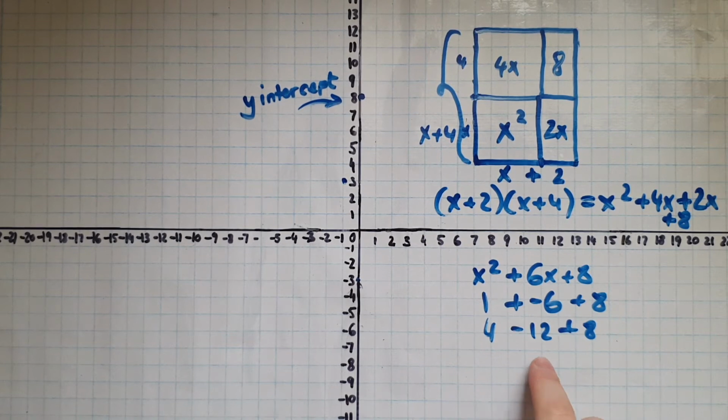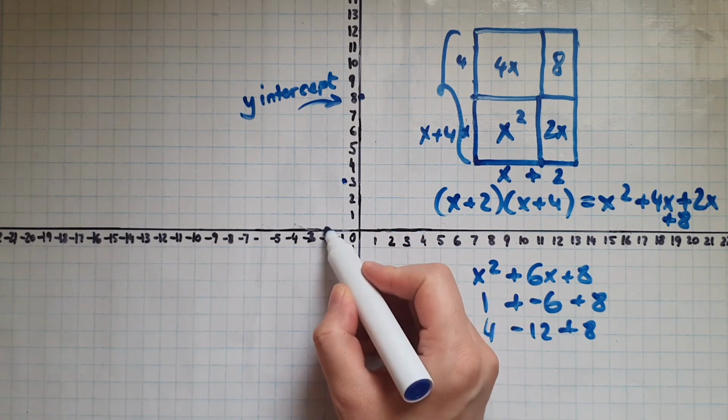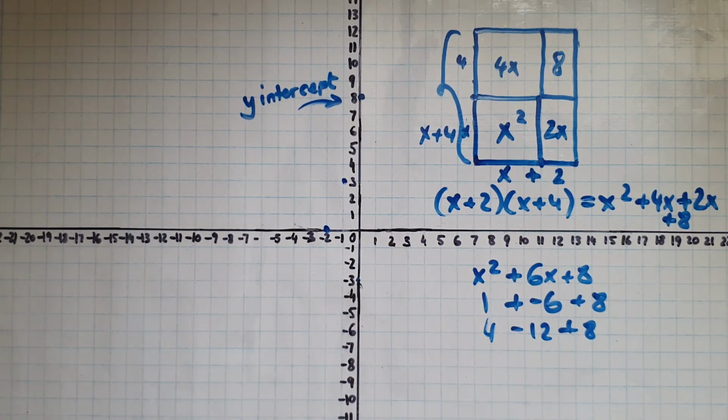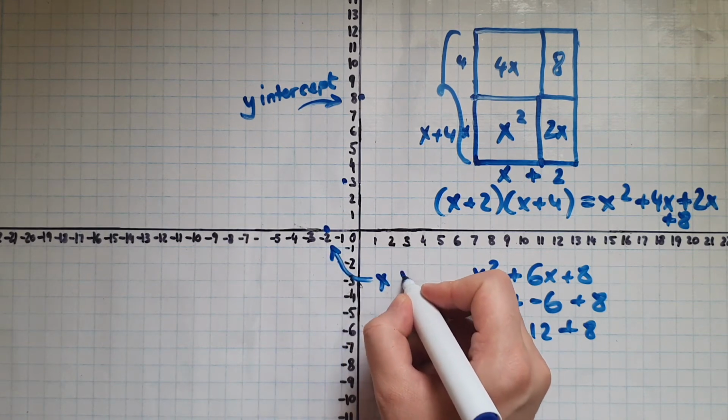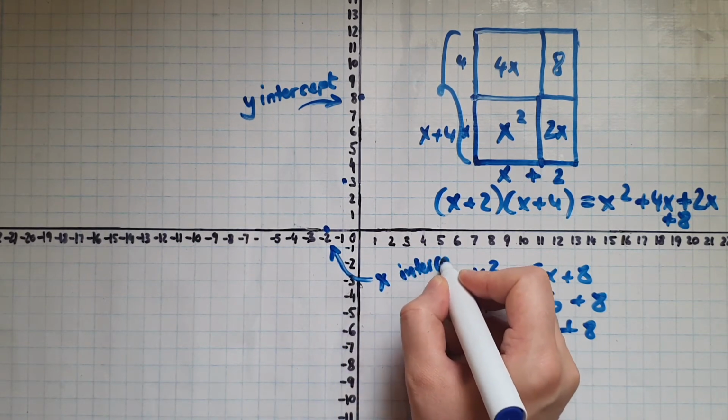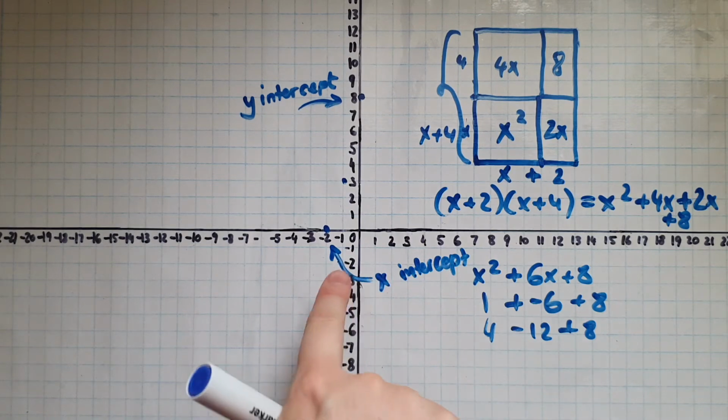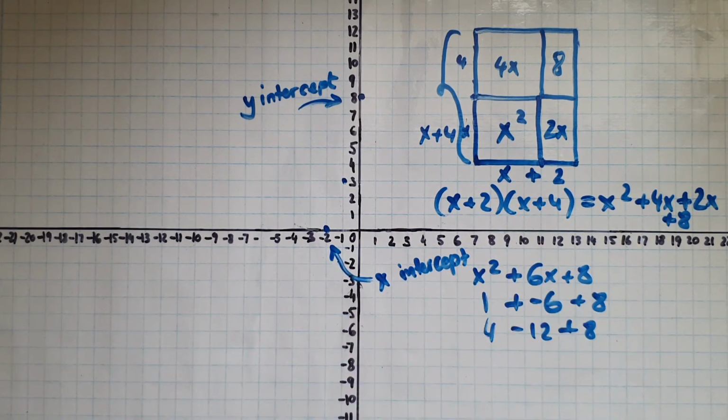So we've got another point, which is negative 2, 0. So that is here, negative 2, 0. This is what we call an x-intercept, because the point crosses the x-axis. It's also another thing that we call this, but we'll come to that in a second.